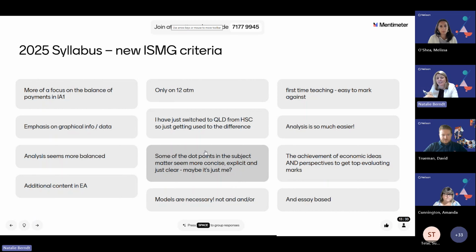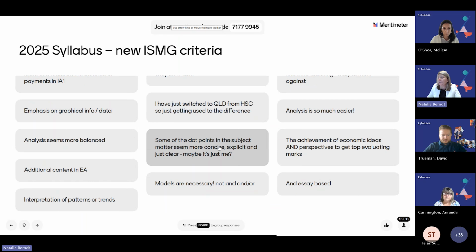Students often struggle between cause and effect in the analysis space and transferring that into evaluation, and the perspectives really help there. You're telling students that unless you provide those perspectives, unfortunately, you can't get the discerning. You'll be pulled down to eval. Models are necessary. Yes, that's right. It's not the and or the or.